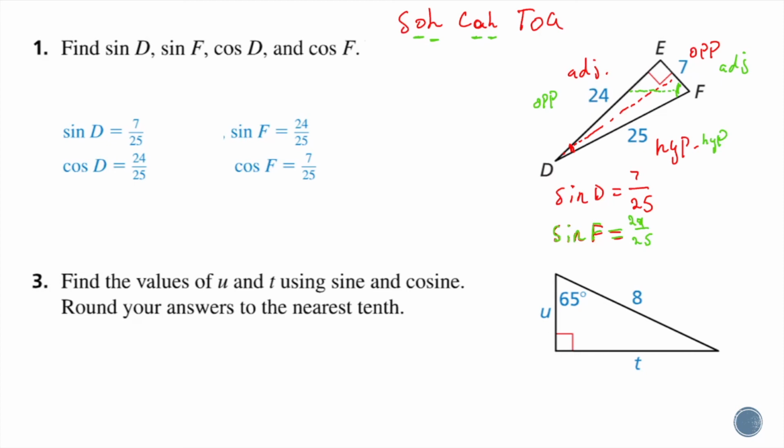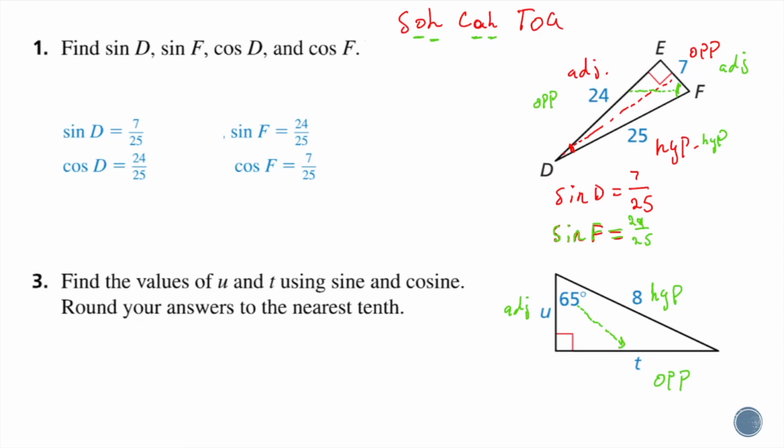Actually, it tells you the trig function. So let's label our sides again. Well, t is my opposite side. This is always my hypotenuse and my adjacent.